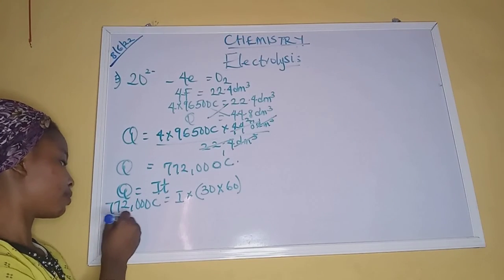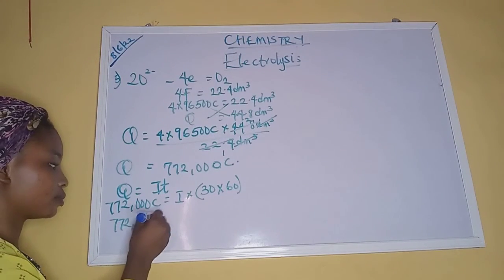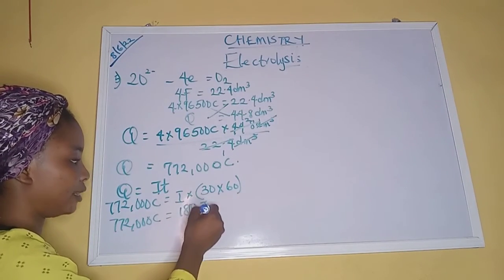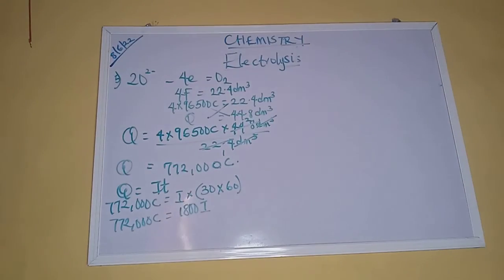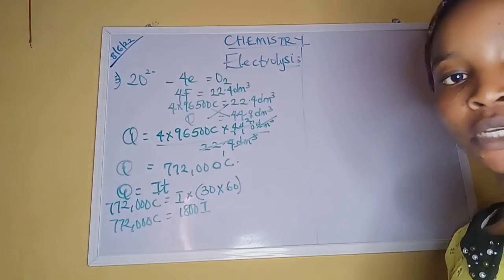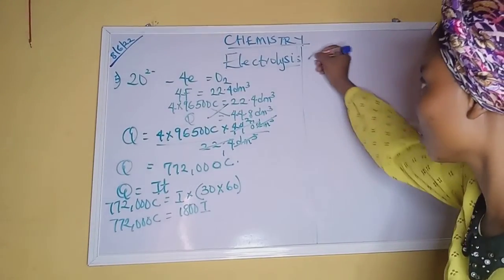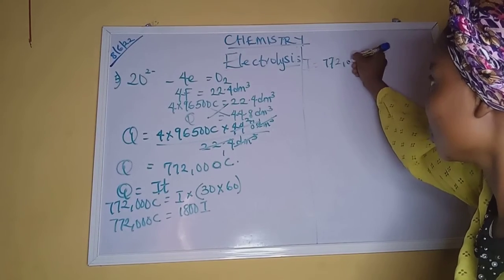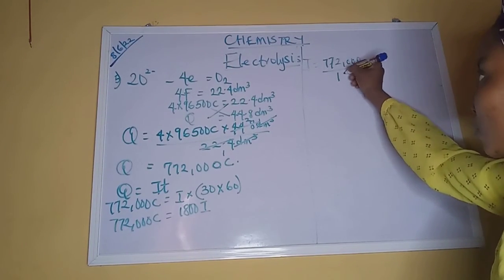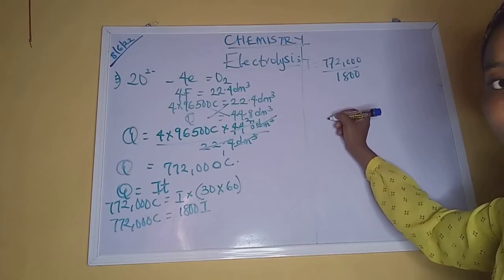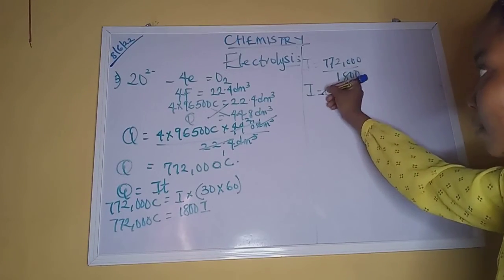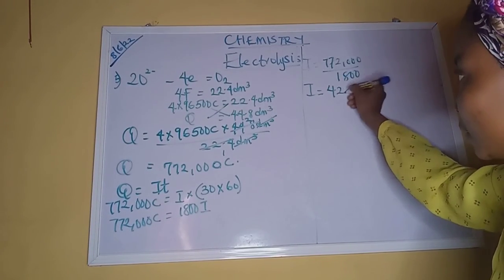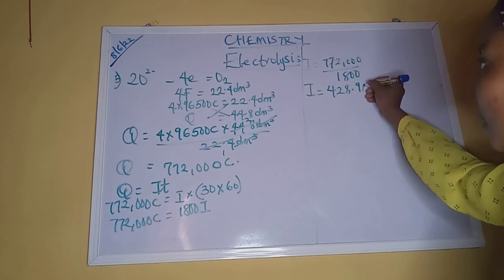So 772,000 coulombs is equal to 1,800 I. Making I the subject of formula, I have 772,000 over 1,800. Then my I, if I divide it on my calculator, I should have 428 amperes.